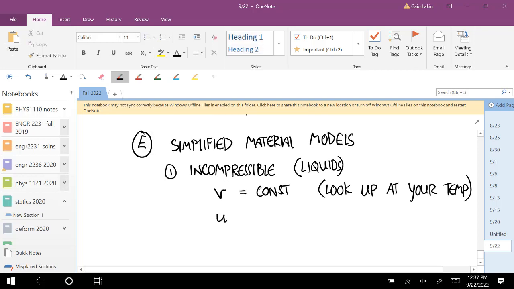The specific internal energy is assumed to be a function only of temperature. And because U only depends on temperature, Cp and Cv are the same thing. We'll just call them C. And that's equal to the total derivative du d temperature.